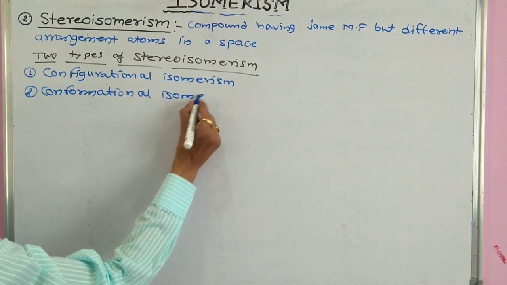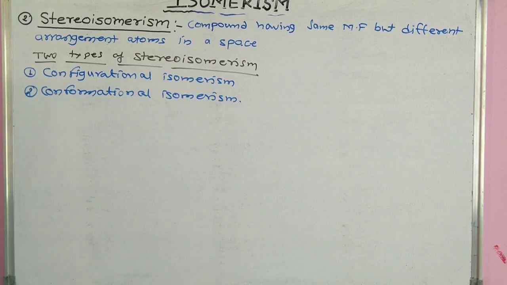So these are the two types of stereoisomerism.